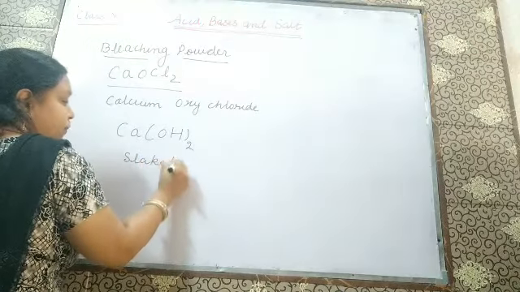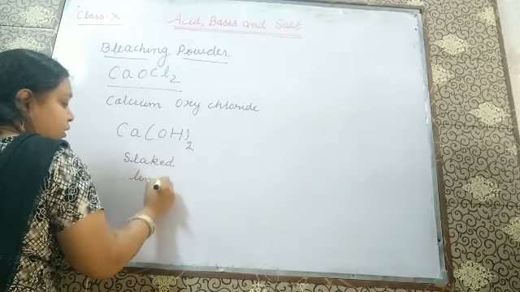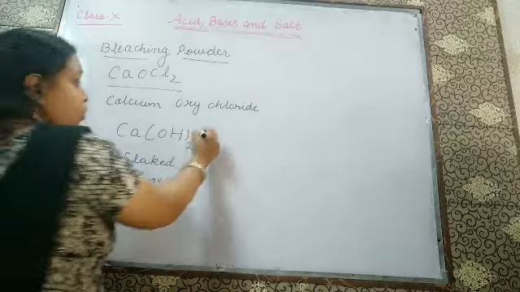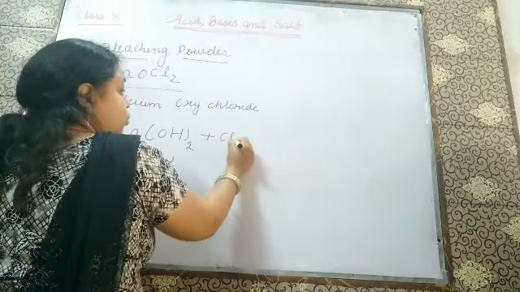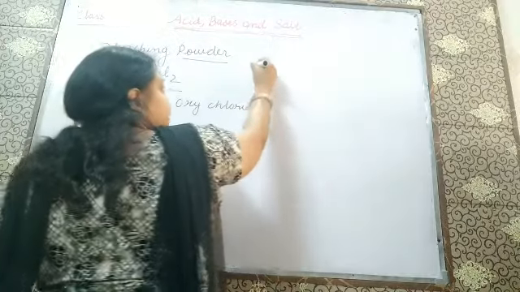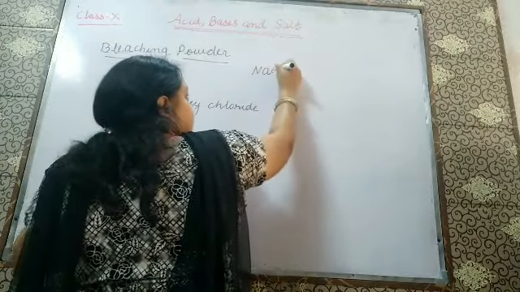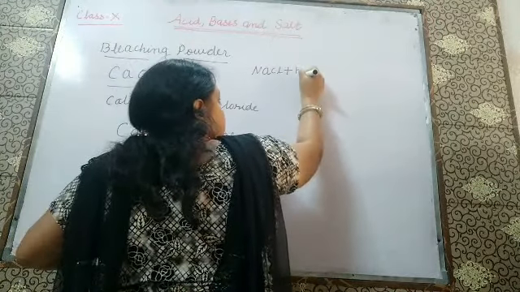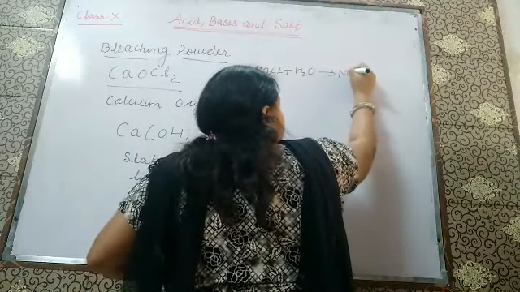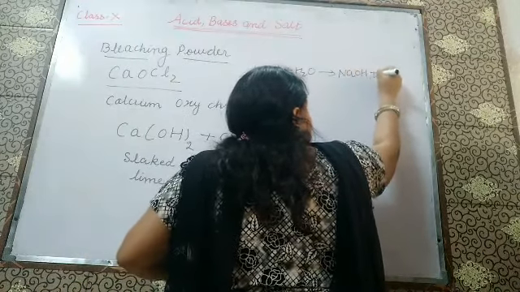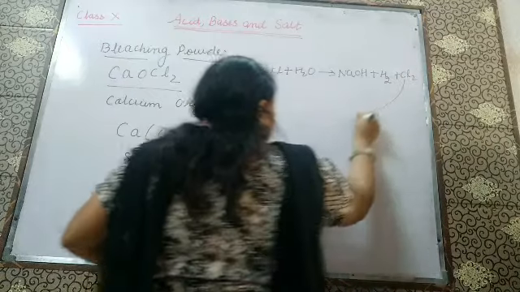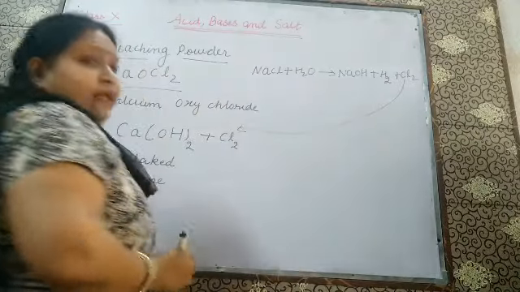When chlorine gas is added, and you know from where we have taken chlorine. Once more I will write here, NaCl plus H2O gives NaOH plus H2 plus Cl2. From here we have taken this chlorine gas.